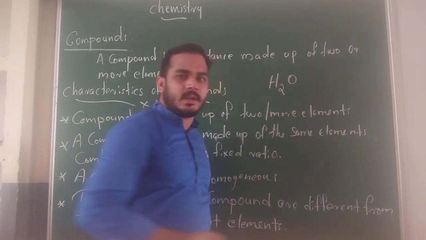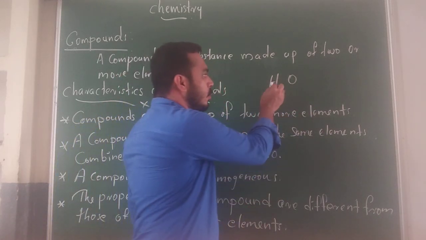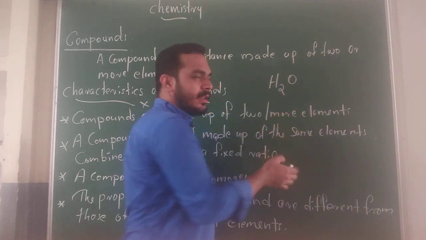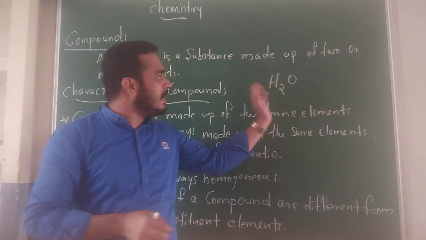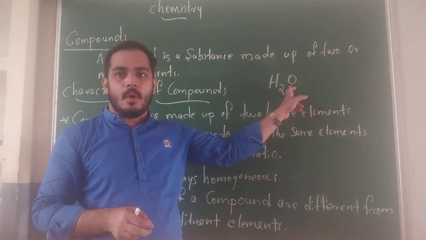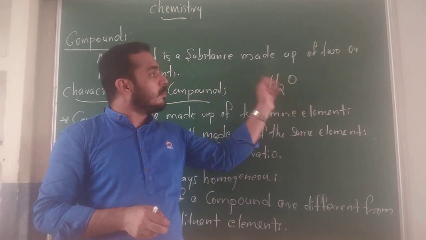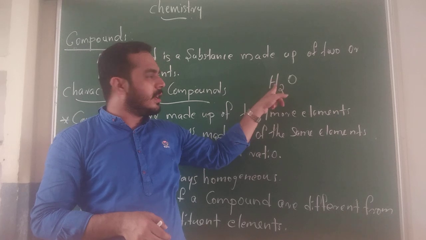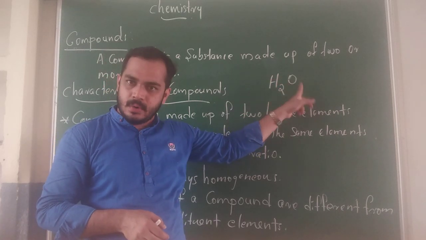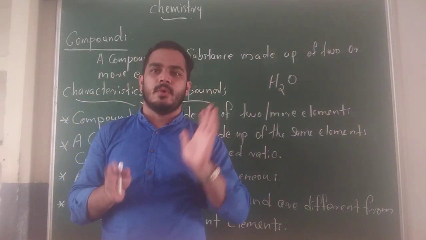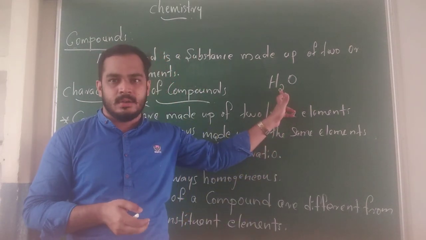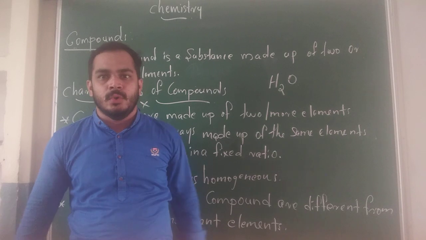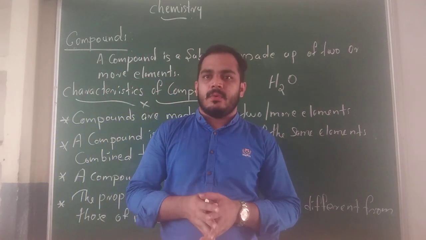This means water. 2 hydrogen and 1 oxygen combined together to form a compound. So simply we want to say this is a compound. 2 or more elements. Here 2 elements, hydrogen and oxygen, combined together to form a compound. What is the name of the compound? That compound is water. So this is the definition of compound.